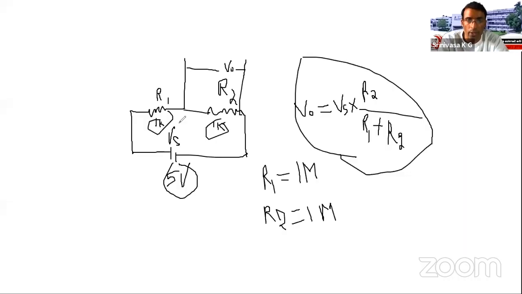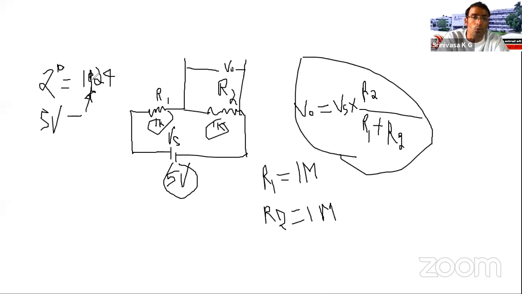The 10-bit ADC, 2 raised to power 10, is the ADC we use in the Arduino, which means 1024 is the total value. When we supply 5 volt to the Arduino, we will get an output of 1023.